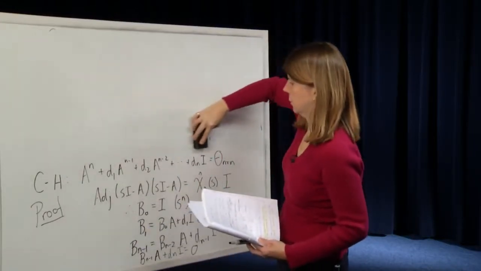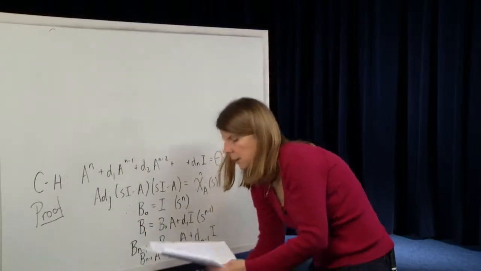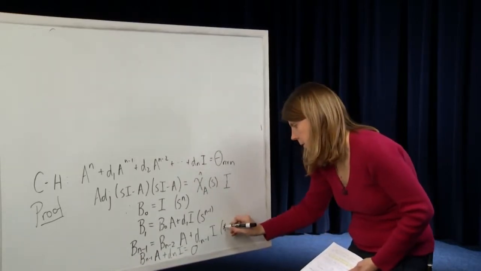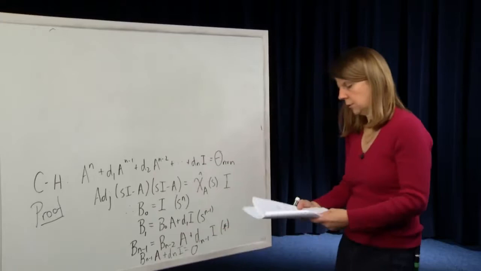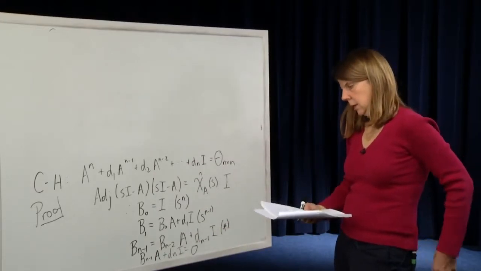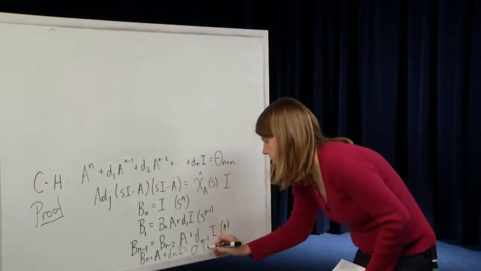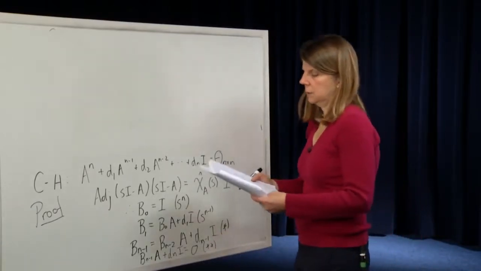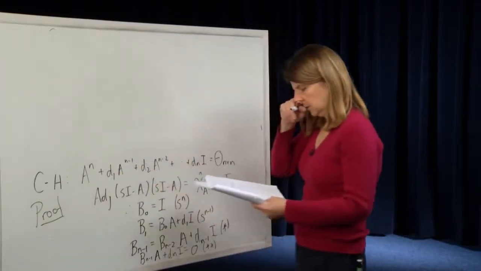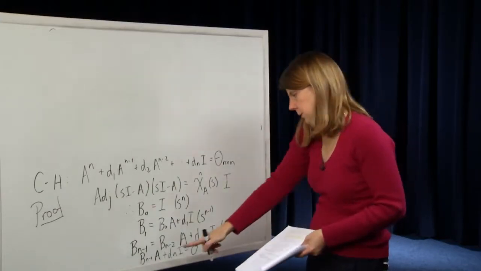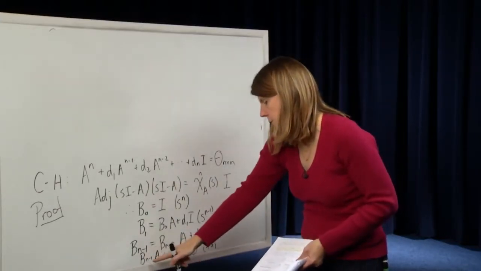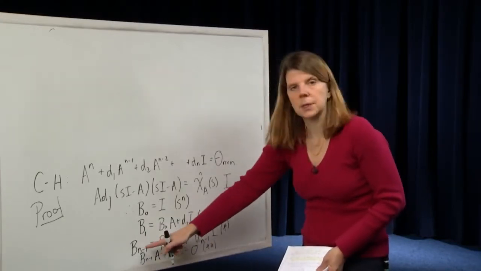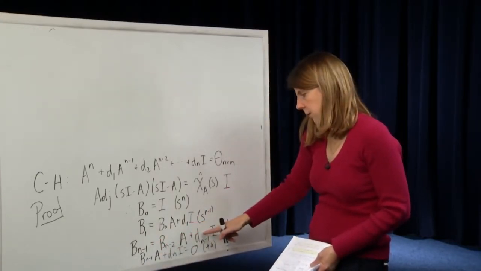Let's actually erase all of our terminology here. So from this term here, we have a relationship for B_{n-1}. And from this last equation here, so we have two equations in B_{n-1}. So if we relate those together, let's take this expression for B_{n-1} and substitute it into this equation here.